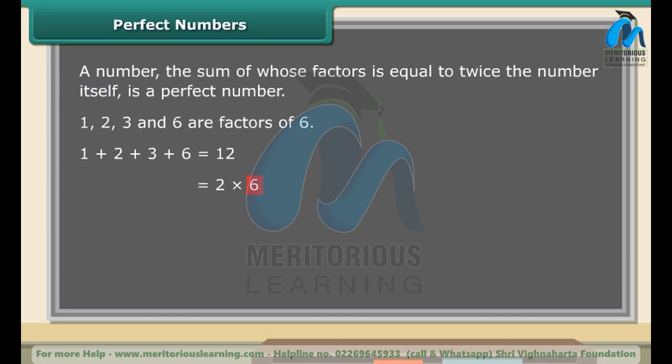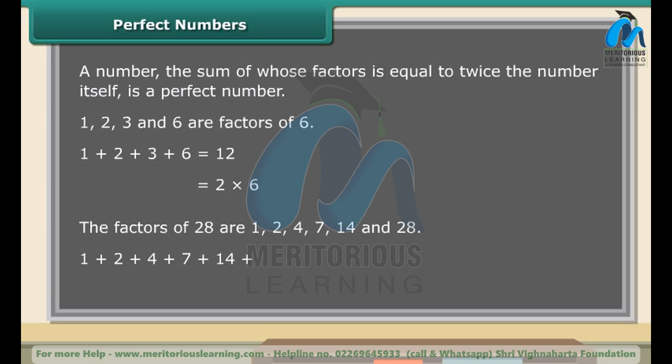Hence, 6 is a perfect number. Similarly, the factors of 28 are 1, 2, 4, 7, 14, and 28. The sum of the factors is 56, which is the same as 2 times 28. Therefore, 28 is also a perfect number.